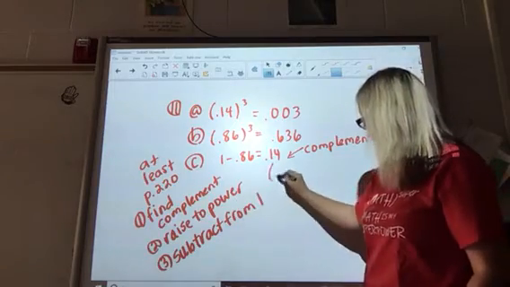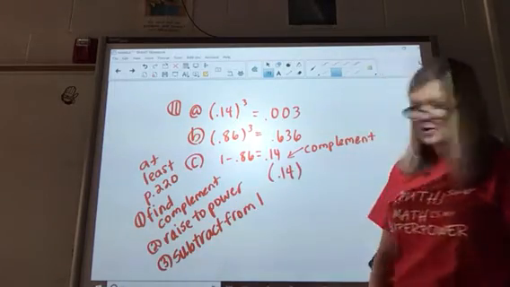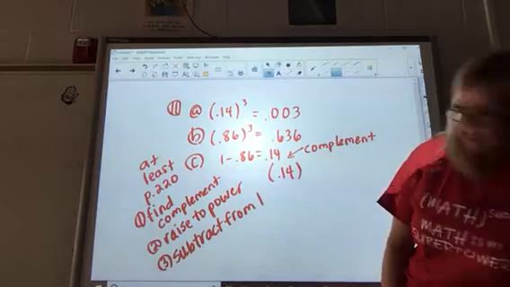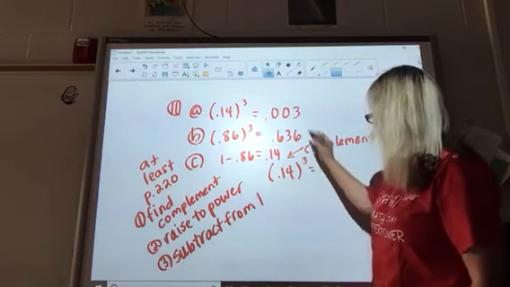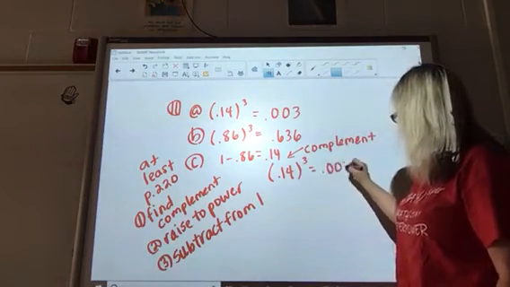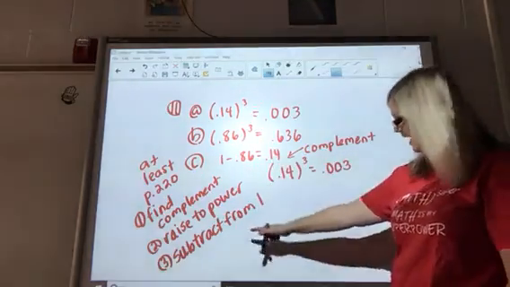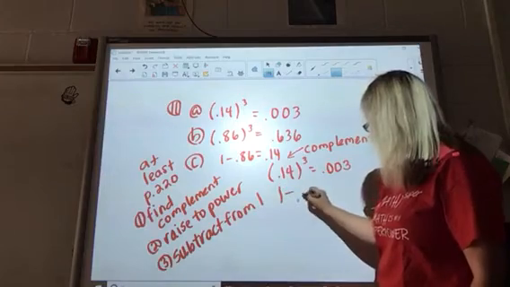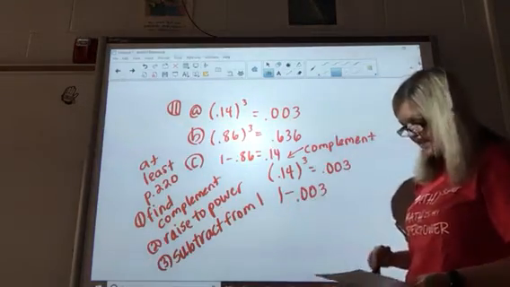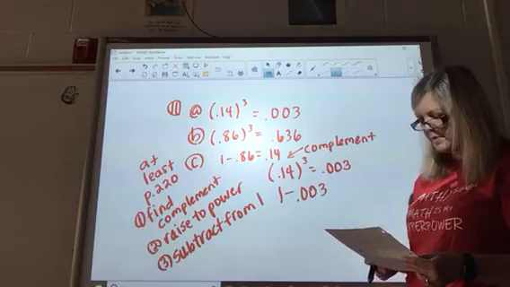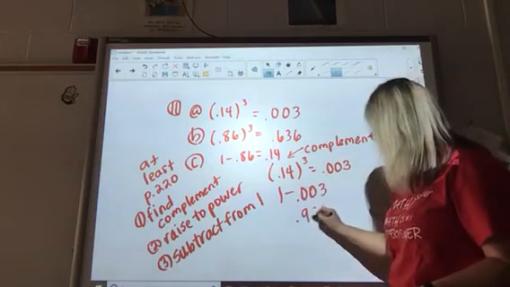Raise it to the power, or it's talking about 3 households. So I'm going to raise it to the third, which we've already done, and we got 0.003. And then lastly, to find the at least 1, I subtract that from 1. And my final answer would be 0.997.